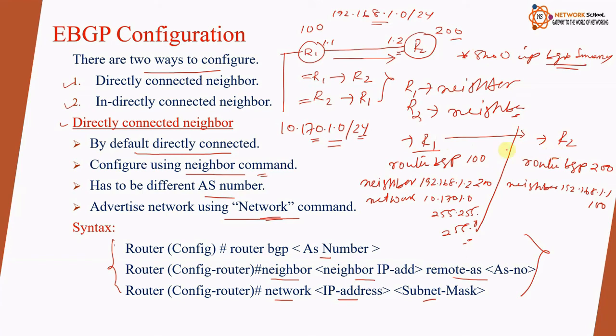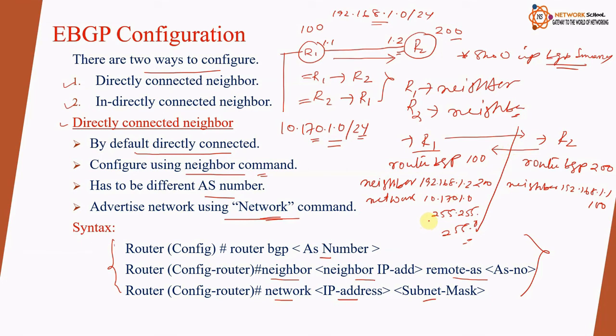If we use it at R2, it will show the neighborship with R1 along with the uptime, that is, for how long the neighborship has been established. Guys, this is just the theory part. When I explain the practical, you will be more clear.